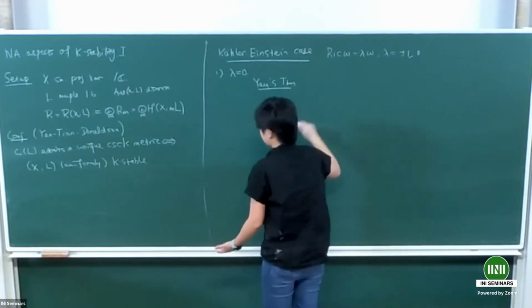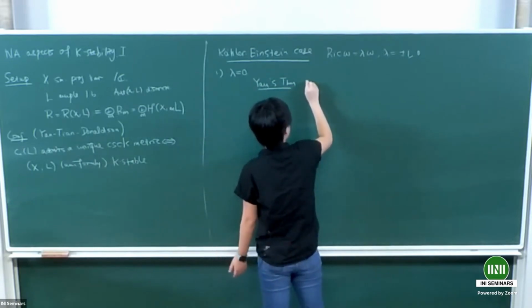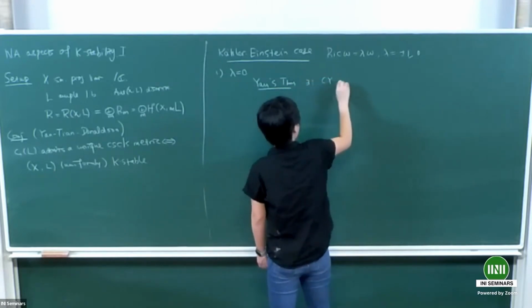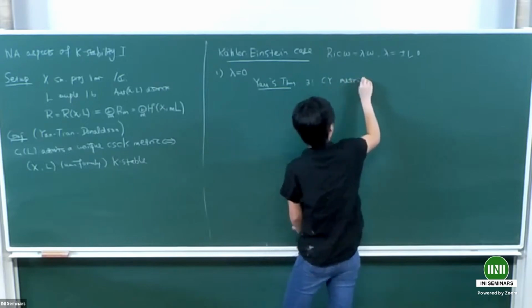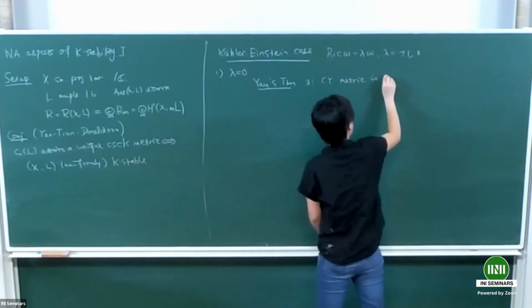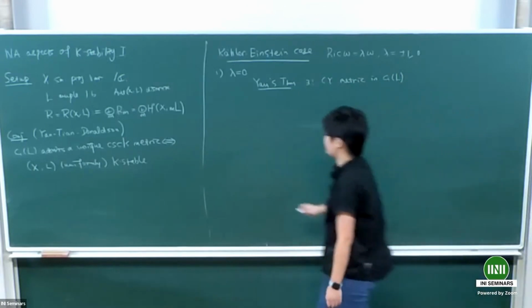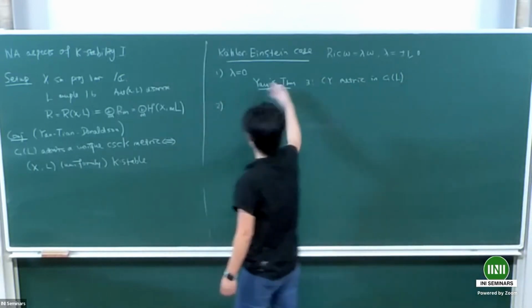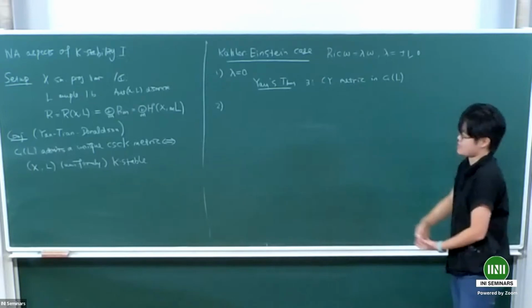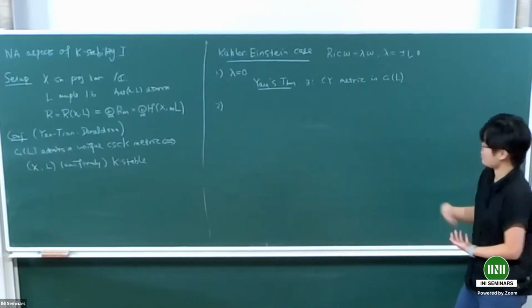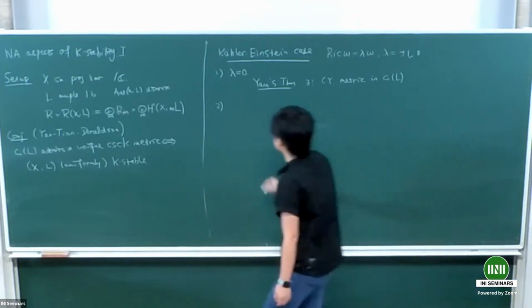Which says that in this case, there's always a unique Ricci-flat metric in the right class. And then Yau's method actually generalizes to the -1 case, or the canonically polarized case.